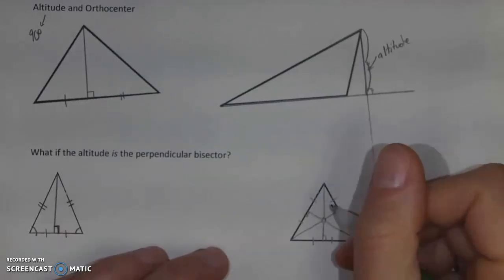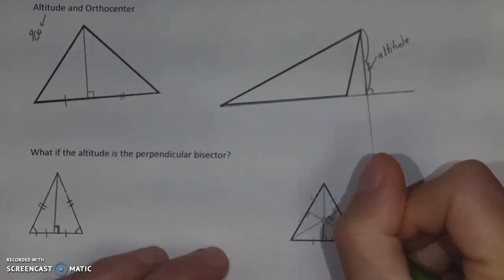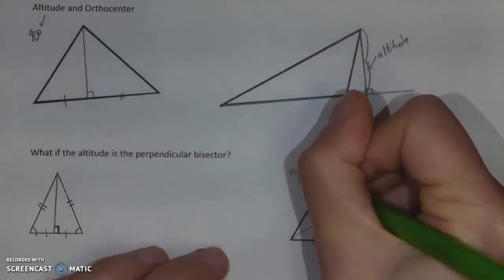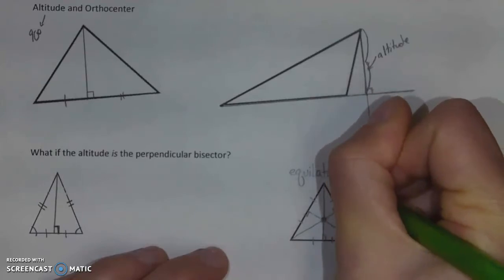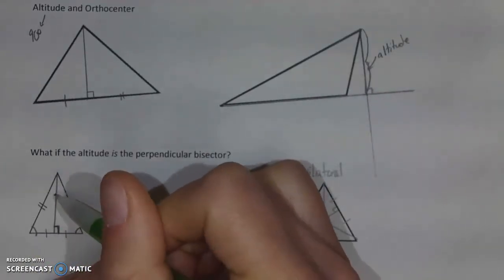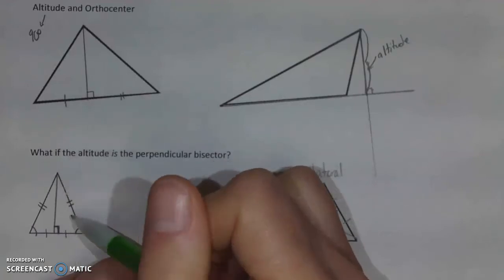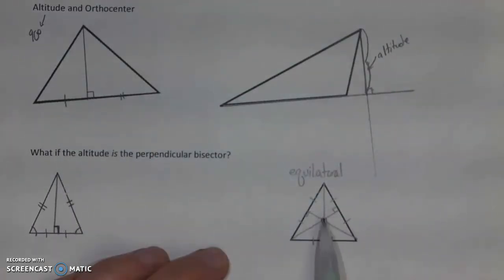But you'll see that its circumcenter, the point where the perpendicular bisectors intersect, is dead center in the center of a triangle when it is equilateral. And that only takes place when it's equilateral. Even the isosceles will have one that's slightly off because of the perpendicular bisectors of the other two sides. So in this case, that's going to be a special situation. So whenever you see that special situation, you go, oh, that's an equilateral.